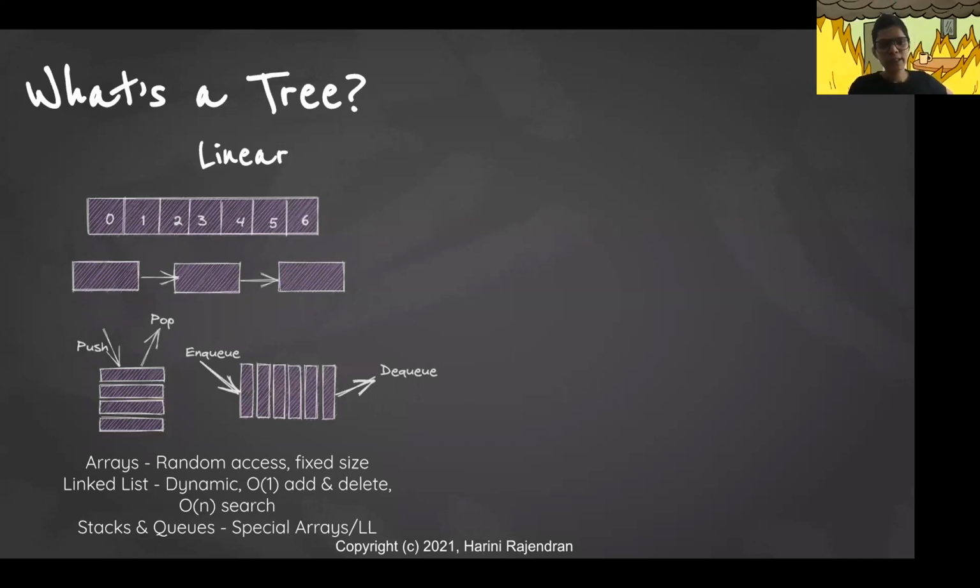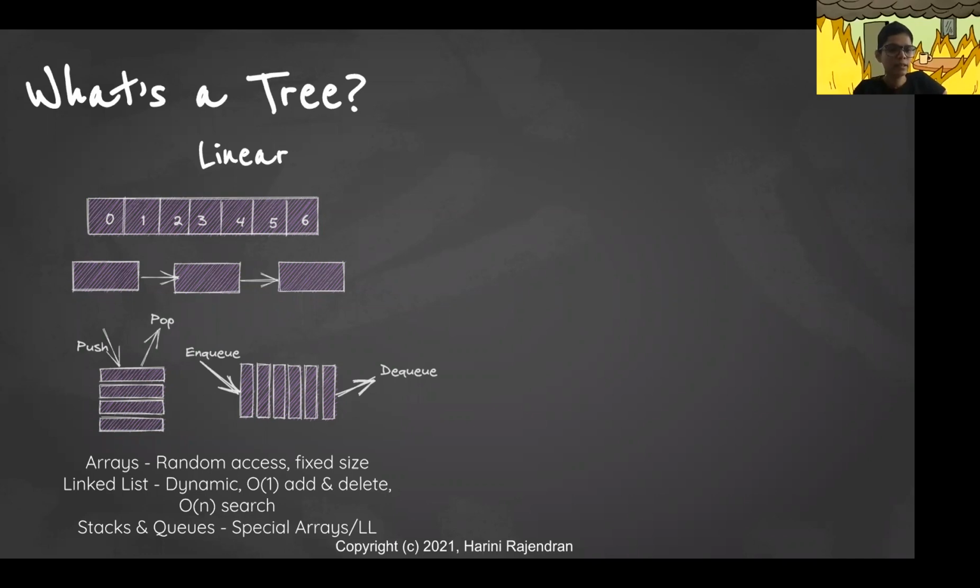So what are trees? Before jumping into what a tree is, I'd like to spend some time talking about the linear data structures that we have been seeing so far in our algorithms series here in Women Who Code. The data structures that we have covered so far are arrays, linked lists, stacks, and queues.